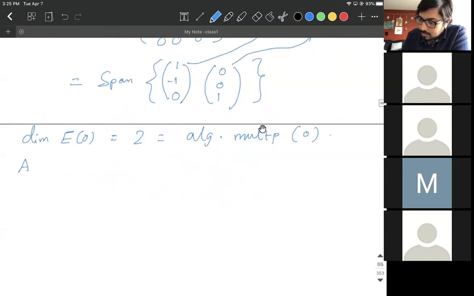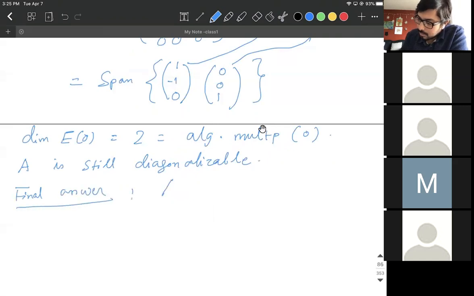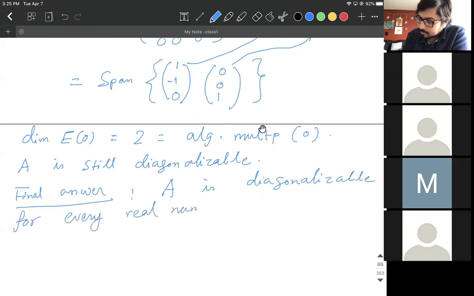And we conclude that A is still diagonalizable. Okay, so the final answer is that A is diagonalizable for every real number alpha.